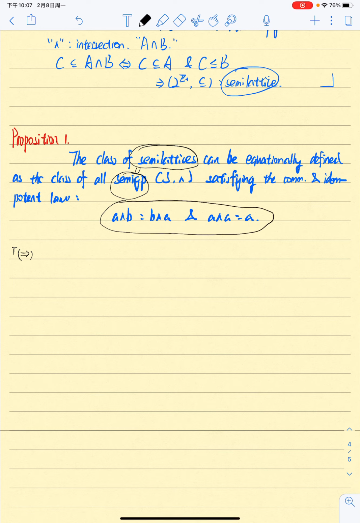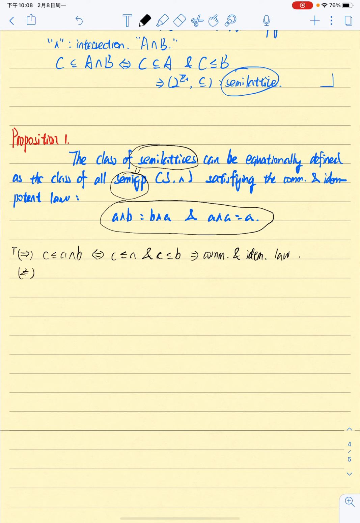For the first law, the commutative law, this is true because by this definition, x is smaller than or equal to AB if and only if x is smaller than or equal to A and x is smaller than or equal to B. Then these two laws, commutative law and idempotent law, are true.